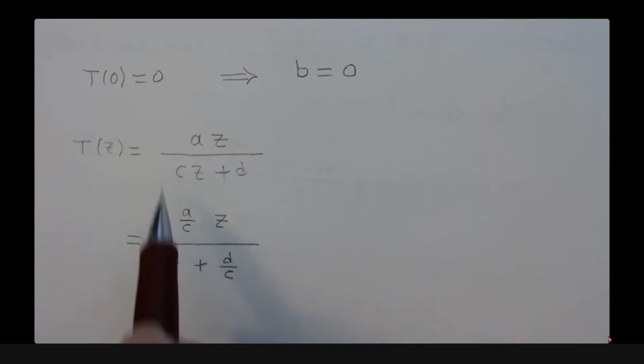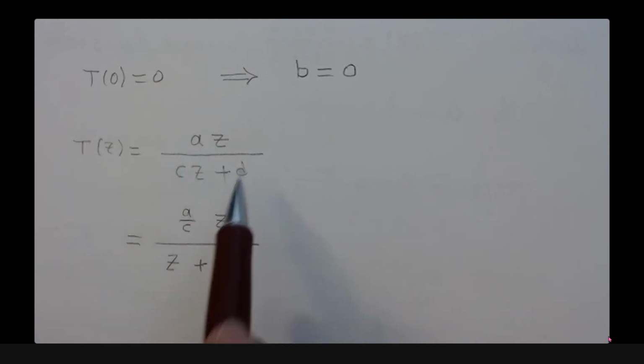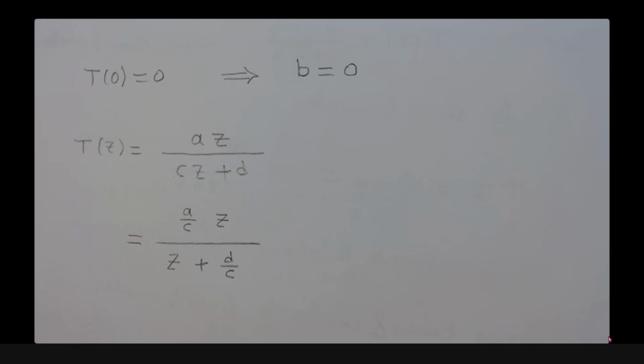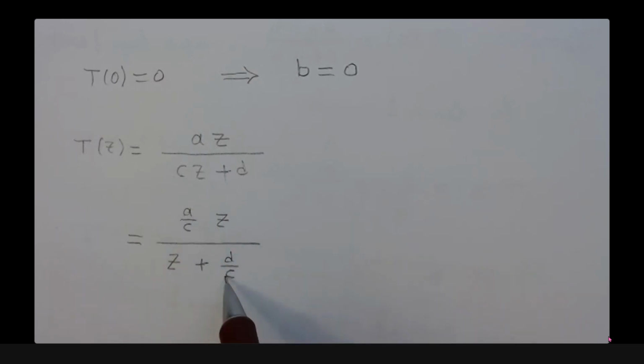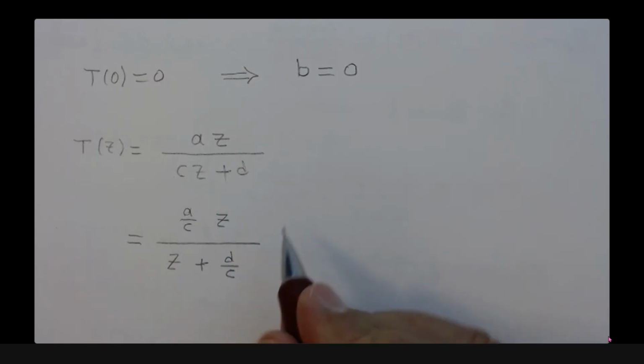Although it looks like 3 letters that we need to find, in fact, it is just 2 of them. You can call this one A, you can call this one D, all right? Why don't we do that?